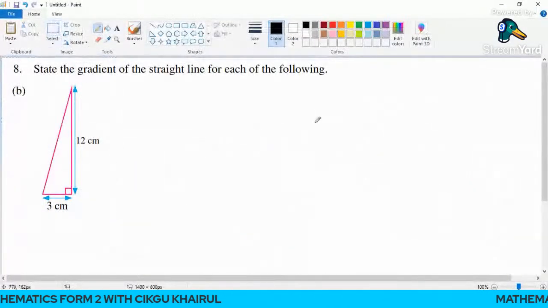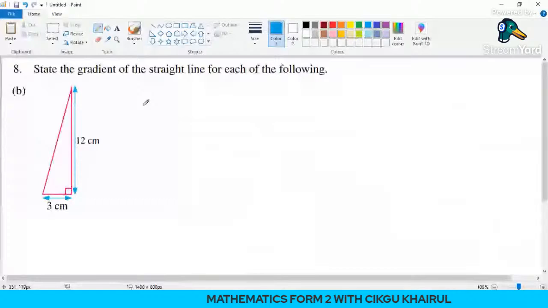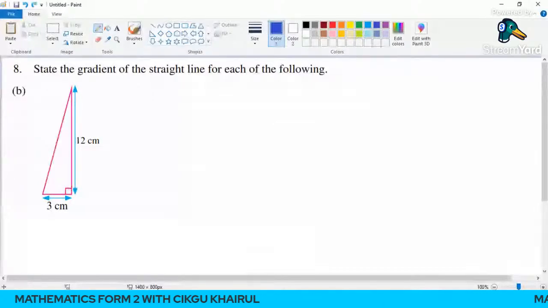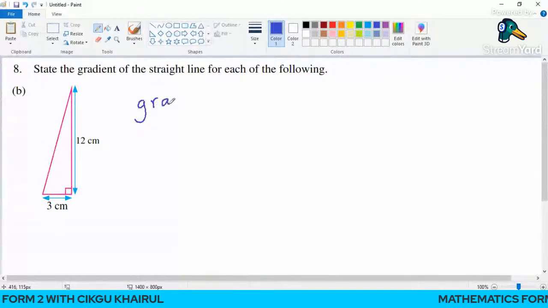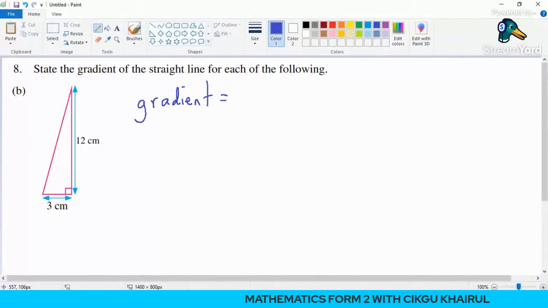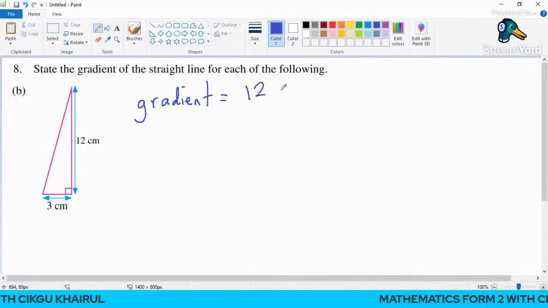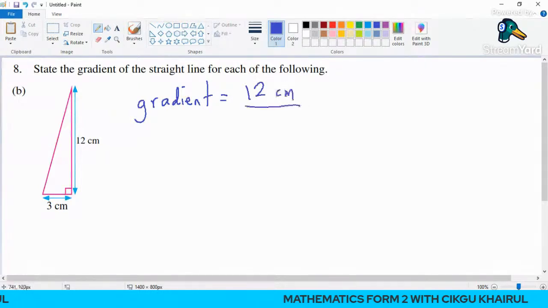Same formula, right? So we write here gradient. This time I don't want to write the formula, we just write the number. So gradient equal to vertical distance, 12 cm, divide with 3 cm.